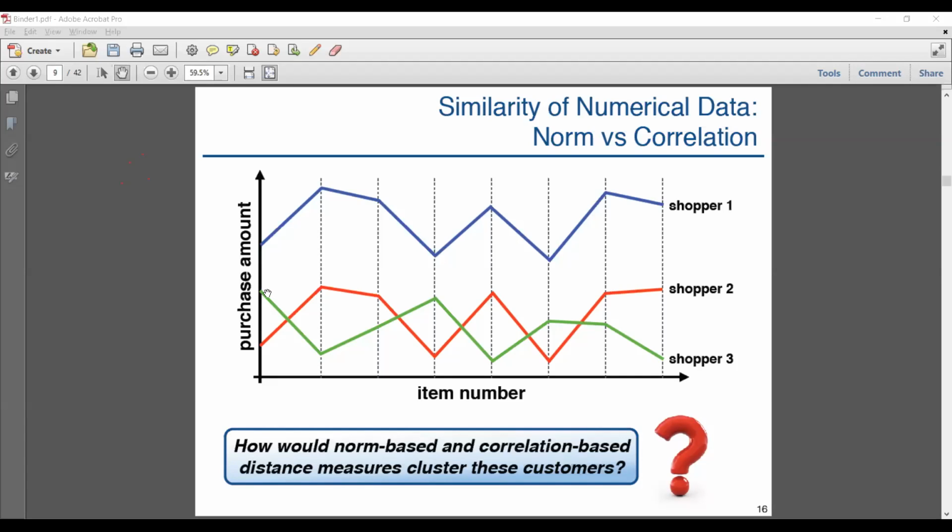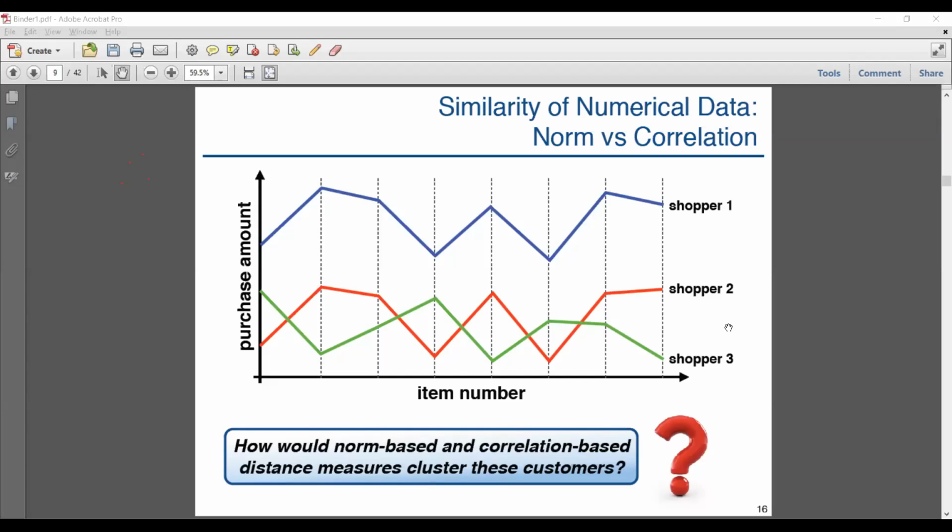So अगर आप यहाँ पे shopper two और shopper three की purchase amounts देखें और shopper one और shopper two की purchase amounts देखें, you would see कि 2 and 3 are more closer to each other as compared to 2 and 1. So if you were to use norm-based distance measures, they would tell you कि shopper 2 और shopper 3 ज़्यादा similar हैं.